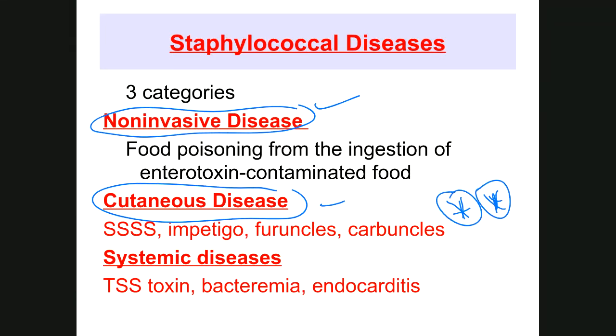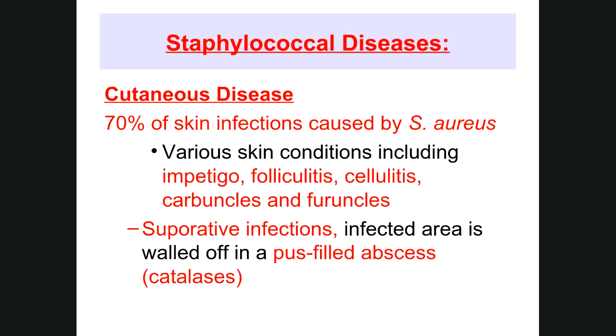Skin infections like impetigo, furuncles, carbuncles, staphylococcal scalded skin syndrome, etc. However, Staph aureus can also cause systemic infections like toxic shock syndrome, bacteremia, endocarditis. So you should be keeping track of the kinds of infections that Staphylococcus aureus can cause, what the most common infections are, and the kinds of toxins and virulence factors the organism has.